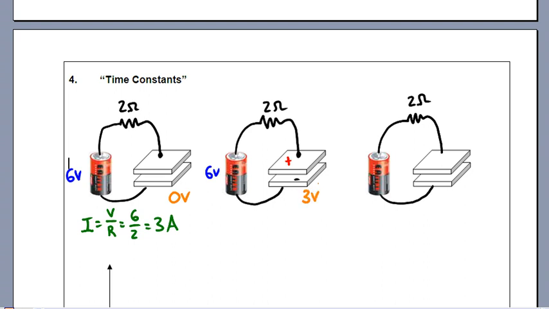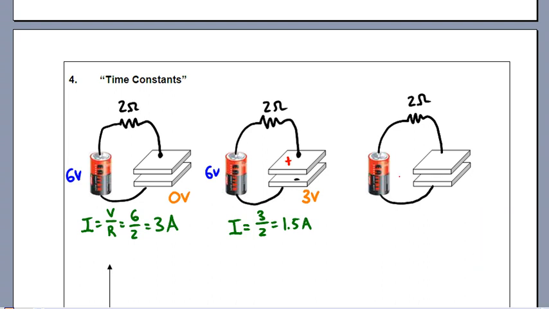It's working its way up to 6. So at this point, if I check Ohm's law, well, I've got 6 volts pushing, but 3 volts pushing back. So I've actually only got 6 minus 3. I've only got 3 volts effective. So 3 divided by 2, I'm down to 1.5 amps.